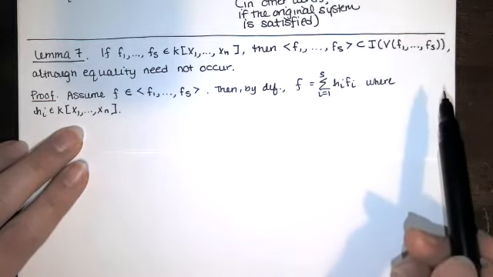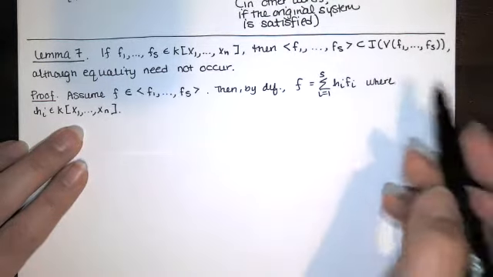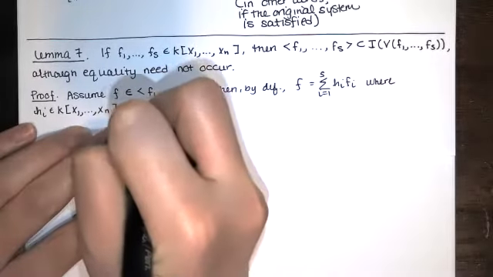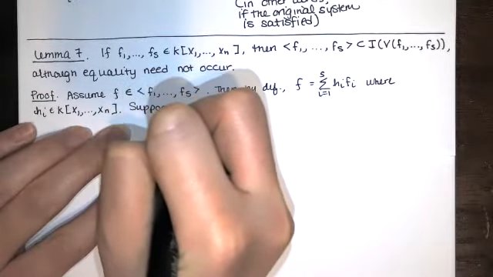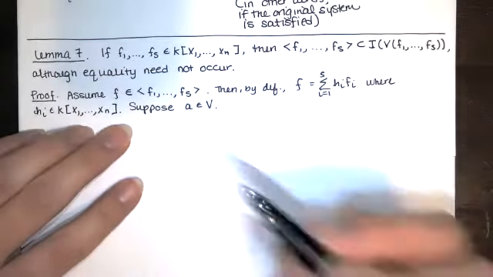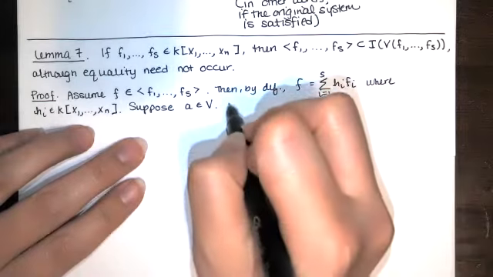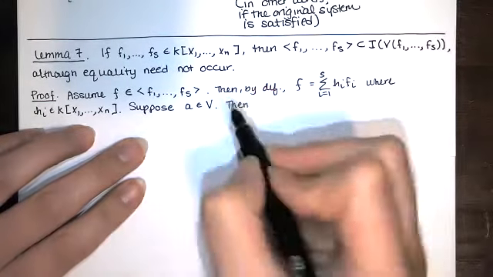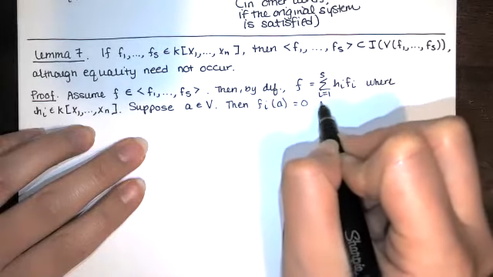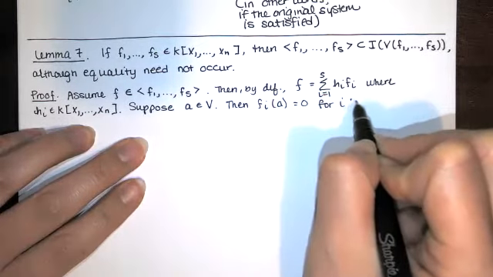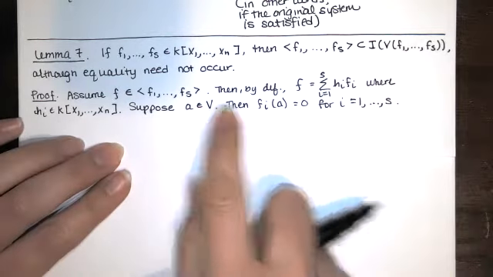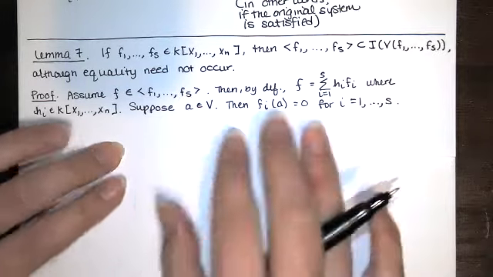In order to do that, let's just say that a is a point in the variety V. Well, if a is a point in V, then f sub i of a is equal to 0 for i equals 1 through s. By definition, if a is in V, then all of these polynomials must be 0.